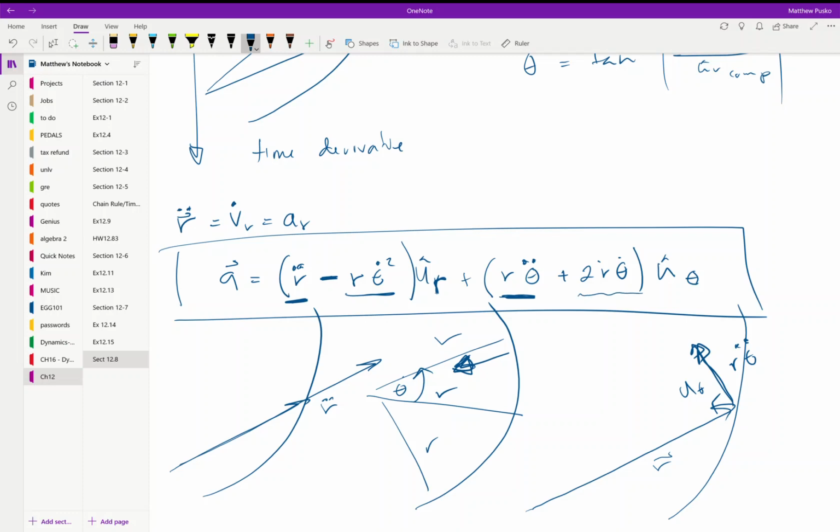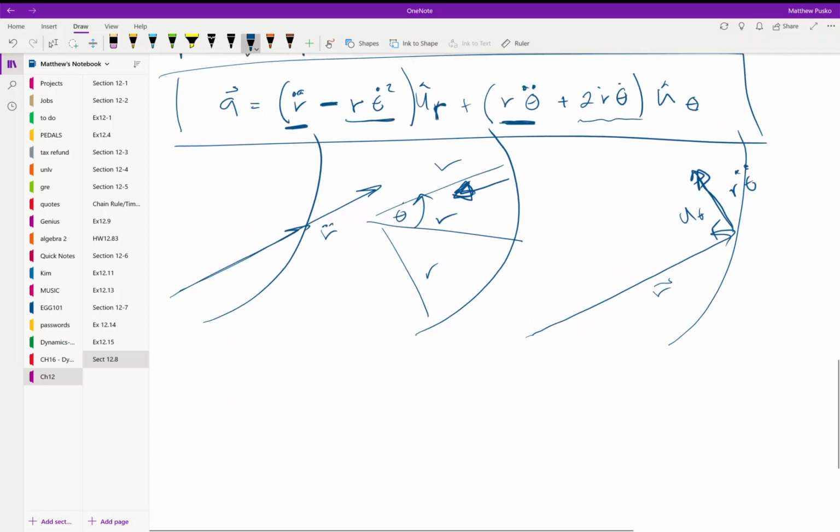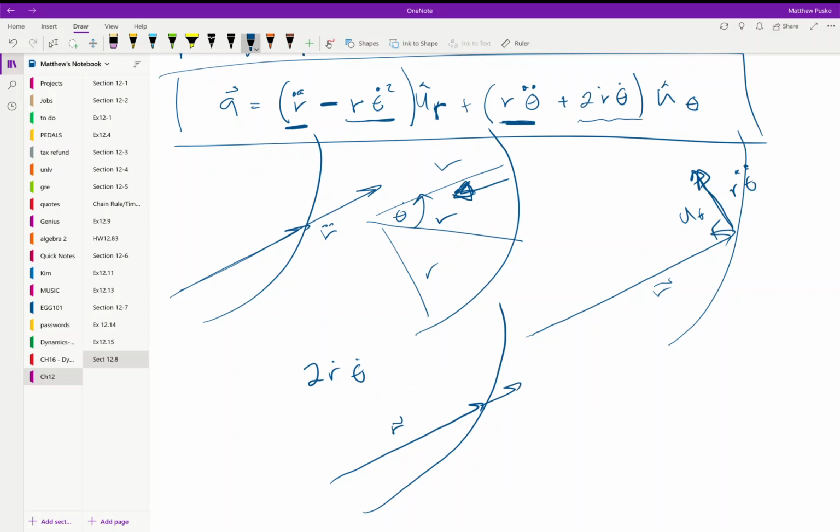So we're looking at 2r dot theta dot. Here's our path that we've been looking at. Here's some vector r. Imagine it having a little bit of a velocity in this direction and a little bit of a velocity in this direction. That means it changed directions.